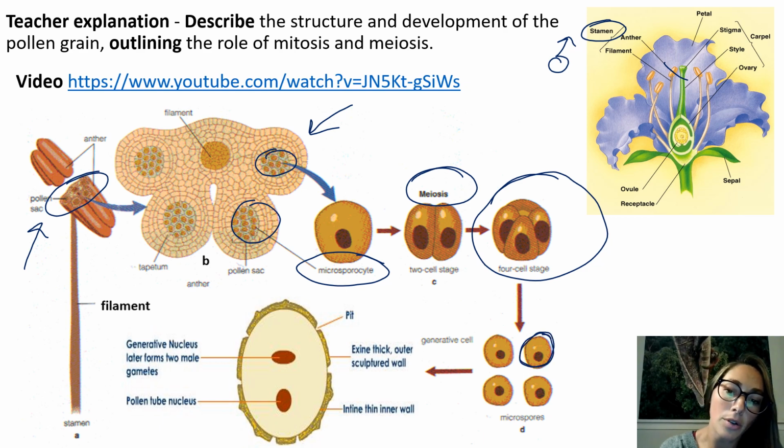And if we were to take a cross-section through those and look at what's inside, it would look like this, okay? And so here we've got a few things just to notice. The first one is we've got a generative nucleus.